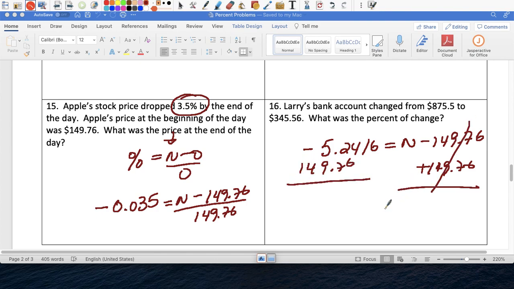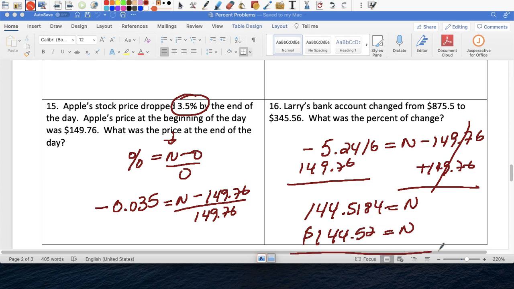That goes away, and the new price is 149.76 minus 5.2416. You get 144.5184, but we're going to round that, so you actually get this. That makes sense, right? Because the price was 149.76, it dropped 3.5%. It is now 144.52.